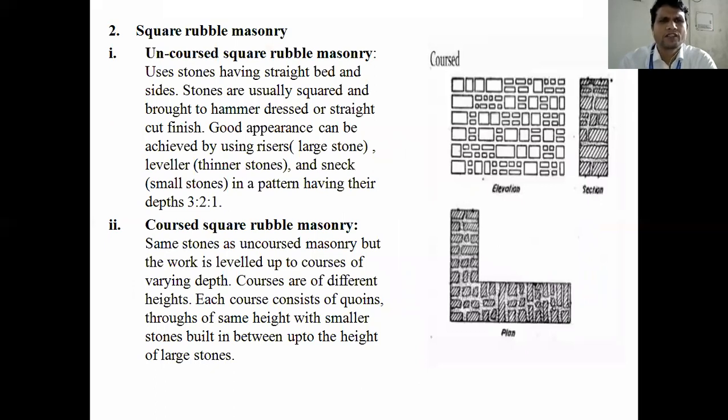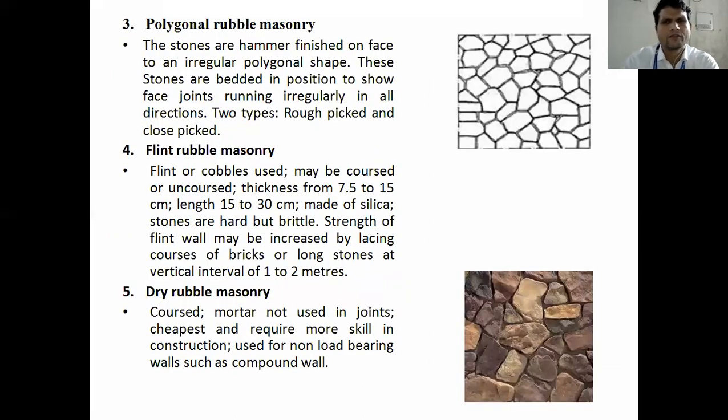In square rubble masonry, we prepare stones in some shapes like a square shape. In coursed square rubble masonry also, we use square shaped stones. If we are preparing polygon shaped stones, then this masonry is called polygon rubble masonry.